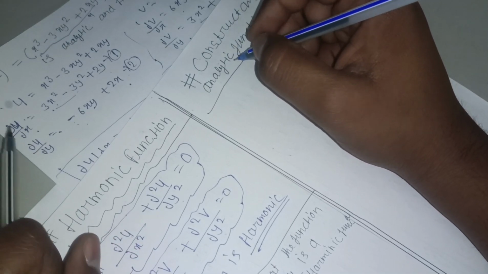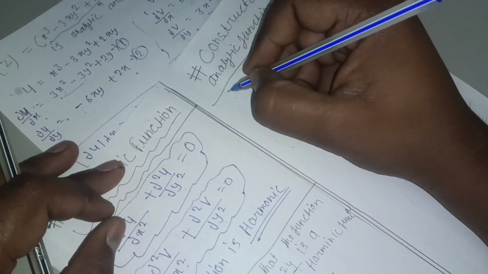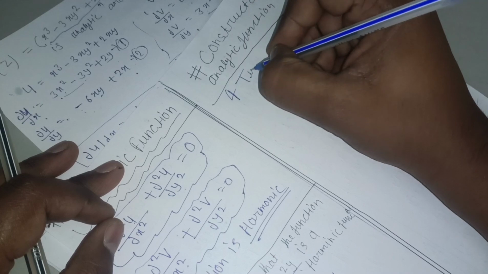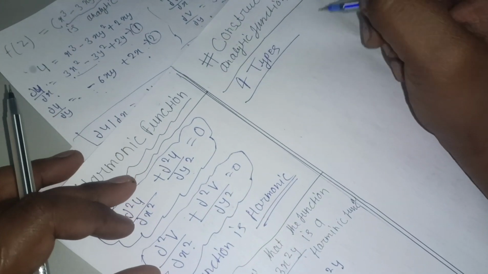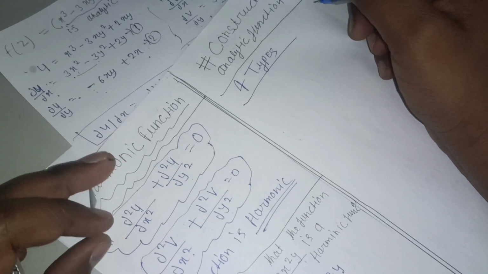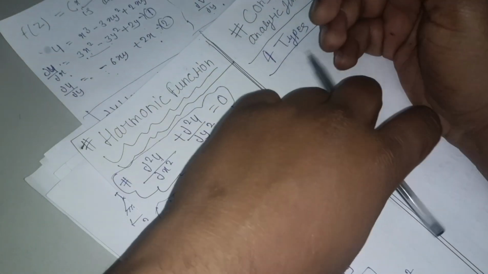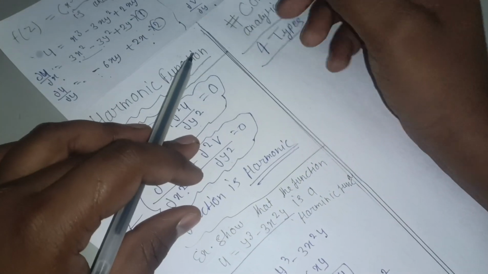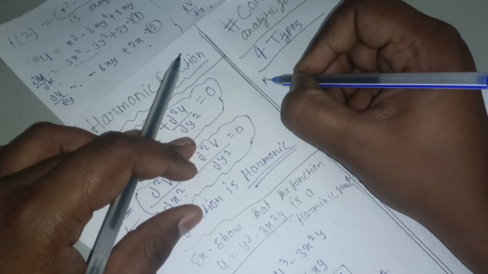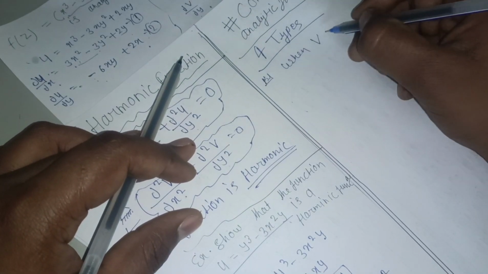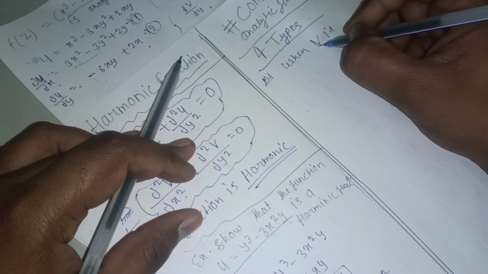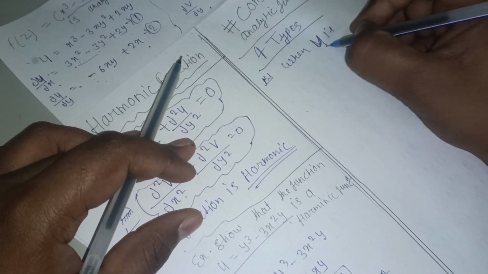Okay. So here are a total of 4 types, when u is given and when v is given. So first is when u is given.